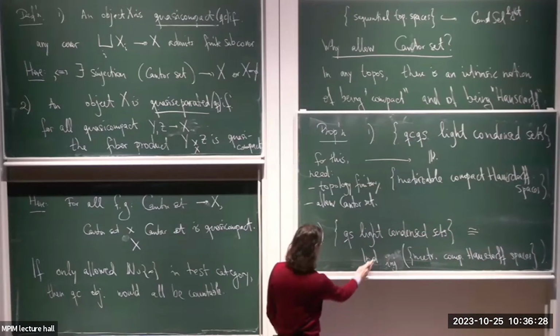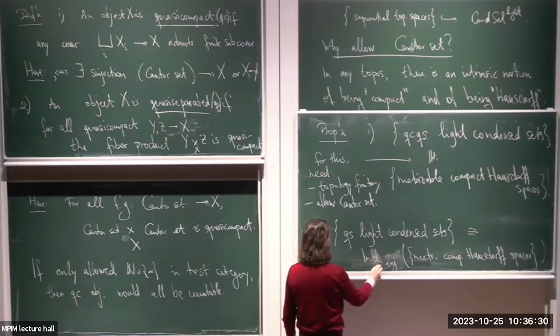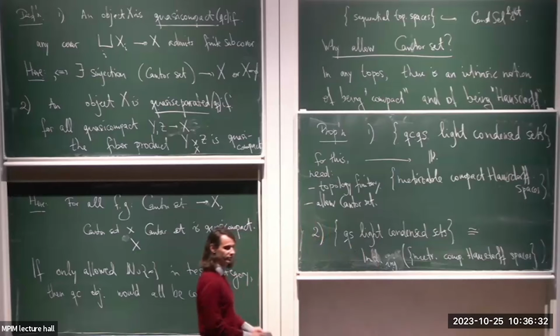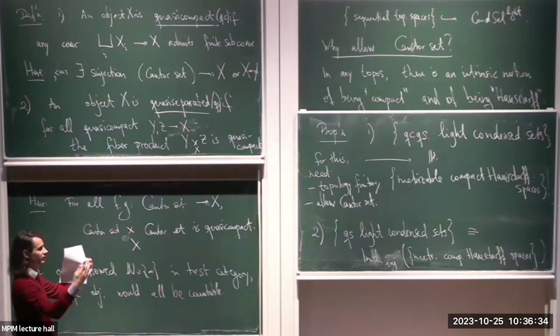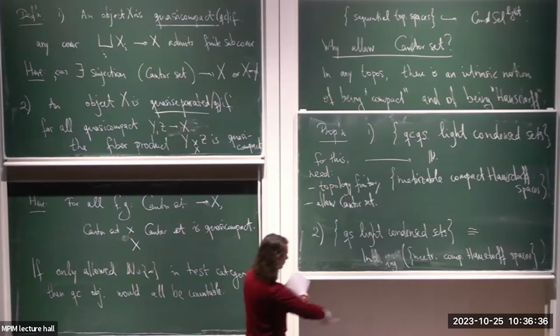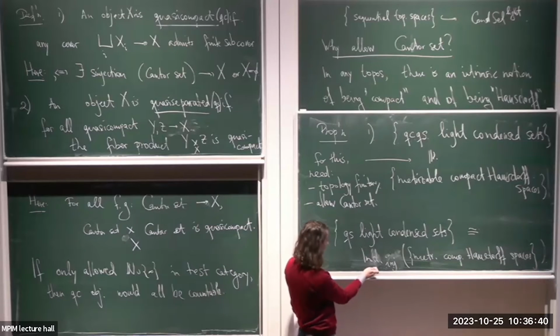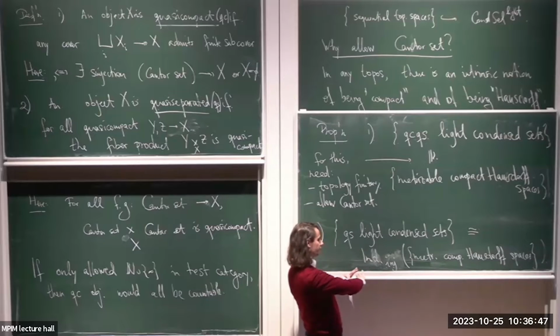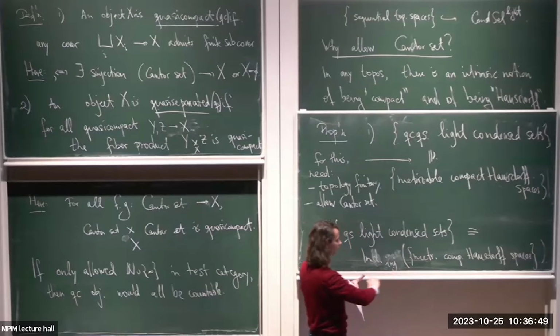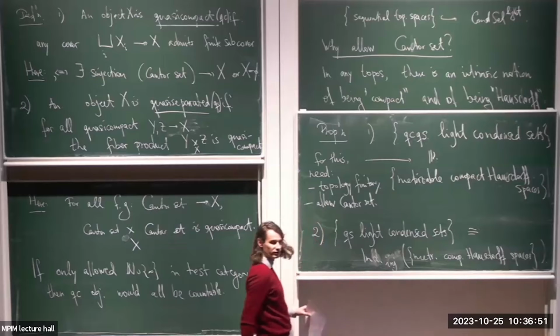The Ind category. Last time I was talking about the pro category, which were formal inverse systems, and these are formal directed systems. So it's a category where the objects are functors from a filtered poset towards metrizable compact Hausdorff spaces with all the maps injective maps.